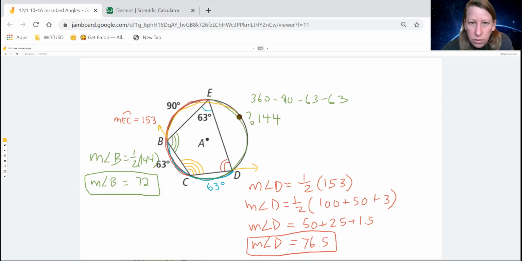So this is going to be half of 90 plus the measure of angle C. Down here is going to be half of the arc, the measure of arc BED.